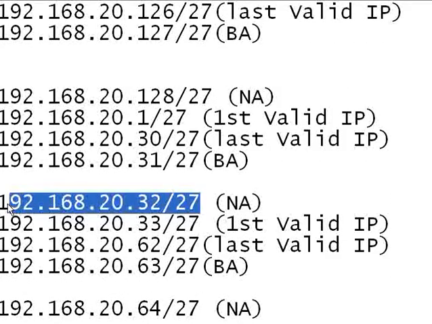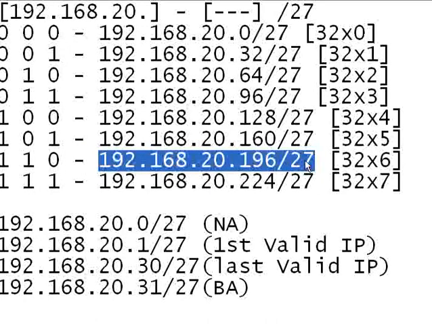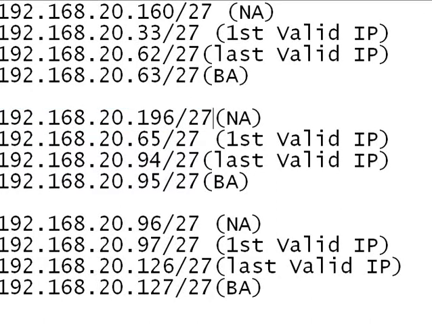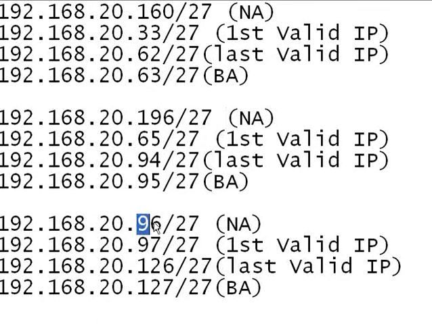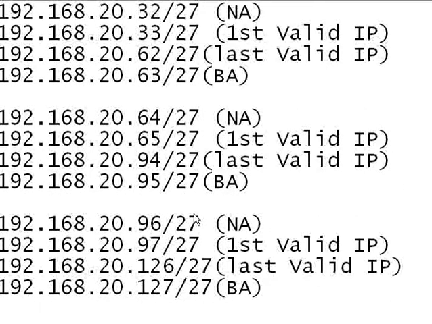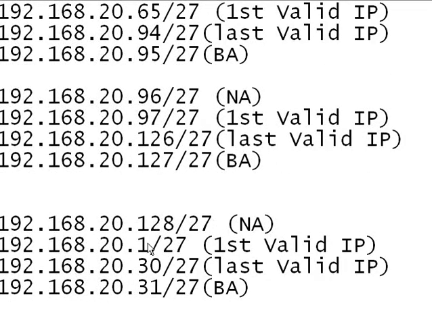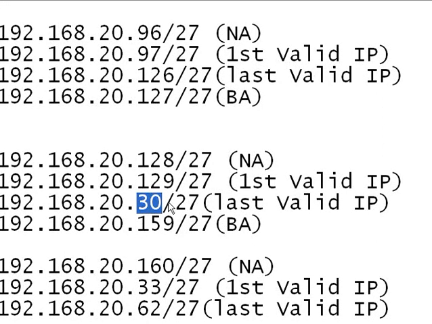After 96, it is 128. So first is 129, this is 159. In all the calculations, I am not touching the first 24 bits, because in a class C network the initial network address will be fixed. So this is how I am calculating the network address, first IP, last valid IP, and broadcast address.